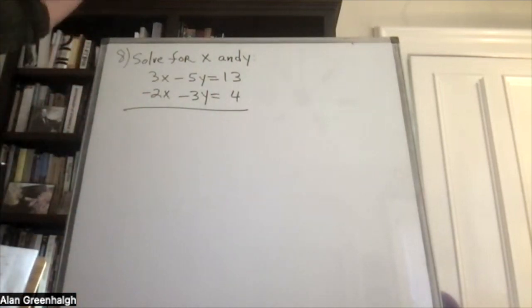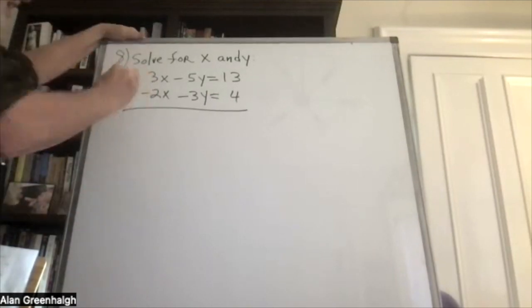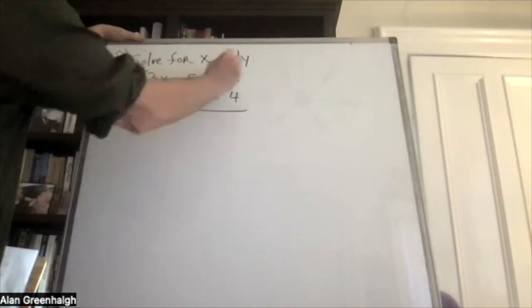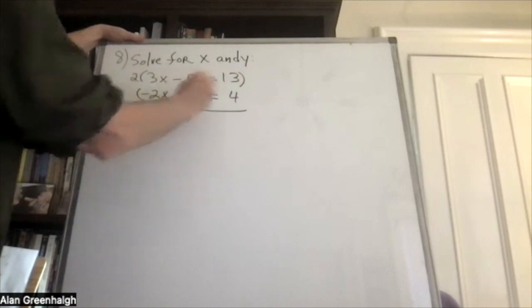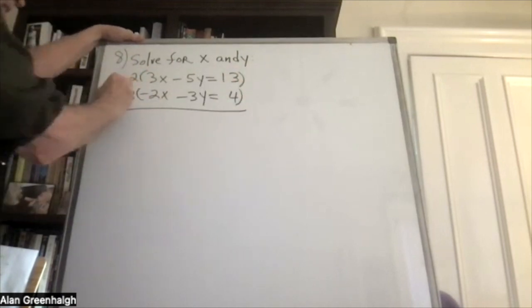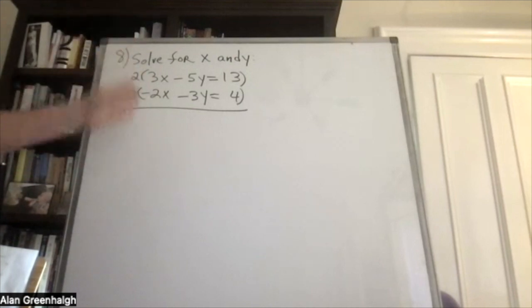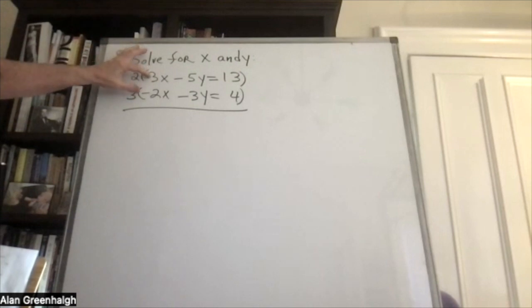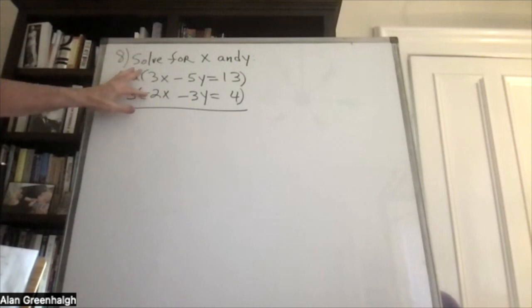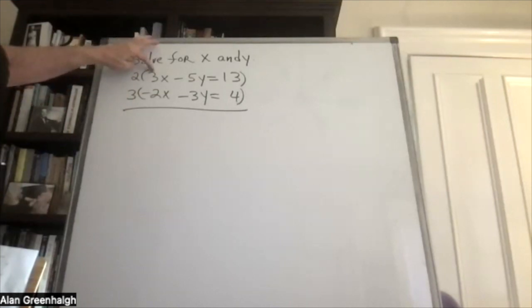Now, there are obviously a few ways of doing this. I would say that the easiest is to multiply the top equation by 2 and the bottom equation by 3. The idea is to get rid of one of the variables. Since there was a +3 here and a -2 there, if we multiply this by 2, that'll give us 6x.